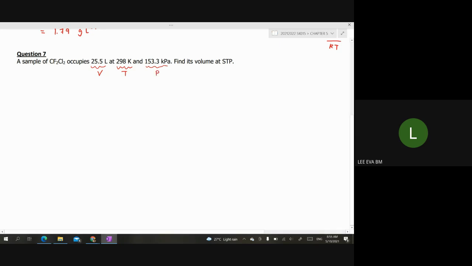Okay, and then we need to convert it into ATM. Let's try to calculate it first. What is the pressure here? The pressure equals 153.3 kilopascal. So what is it in ATM?